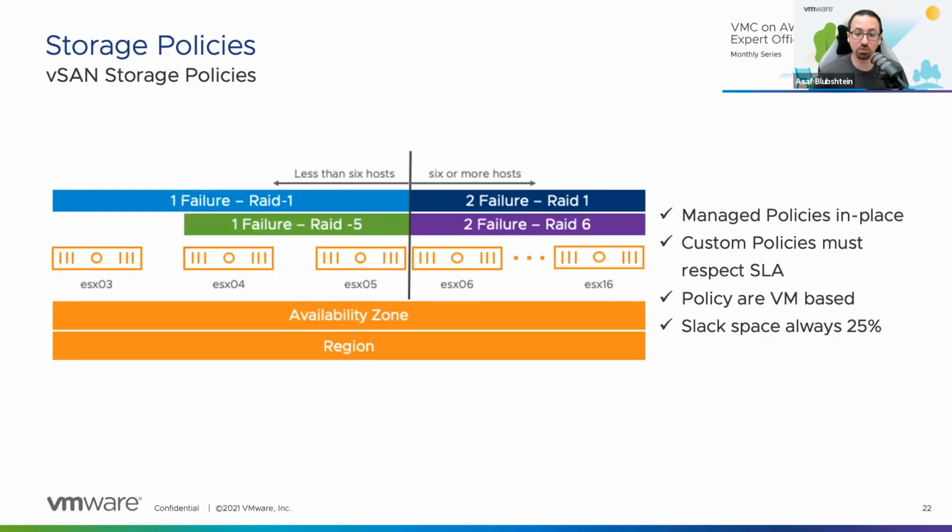We do also require a slack space of 25% for each cluster, and this is where EDRS comes into play. There was a question about that before, and Fabio mentioned that.